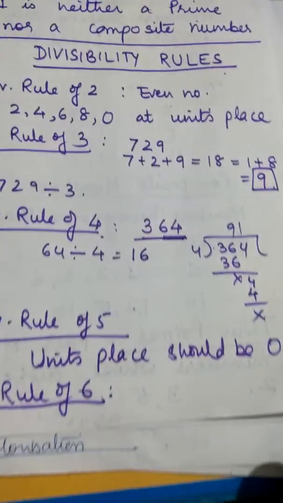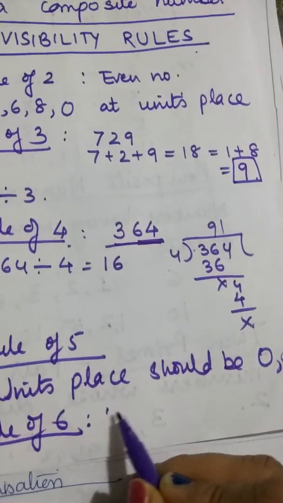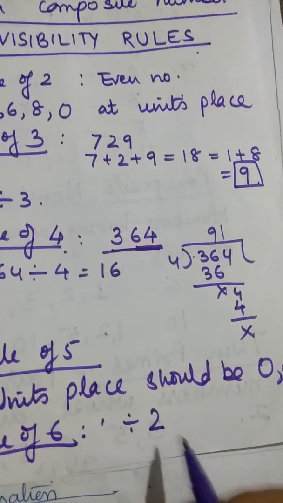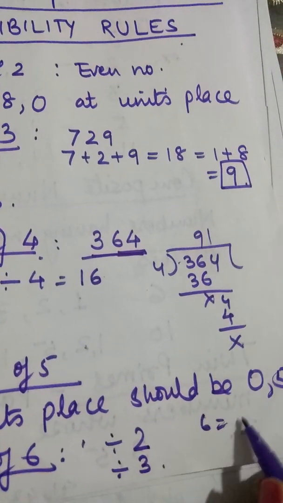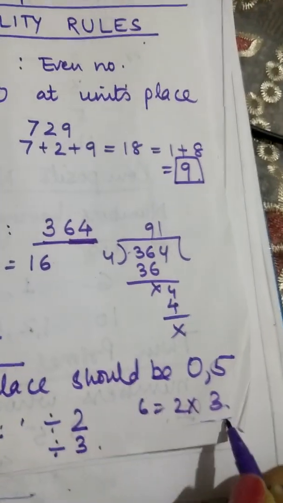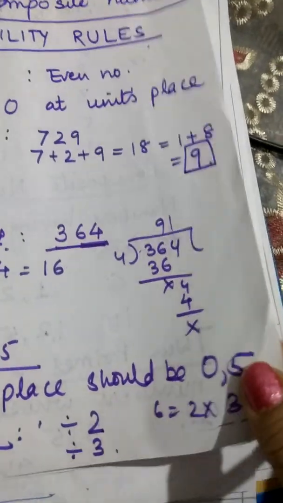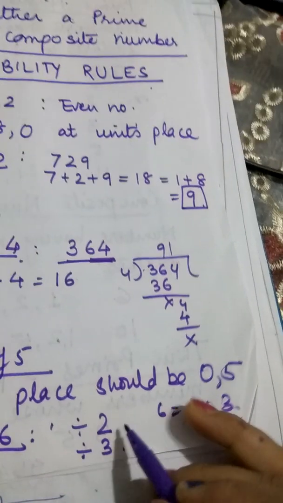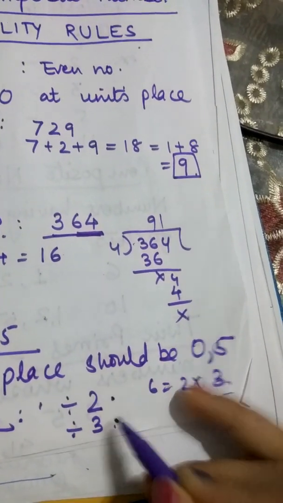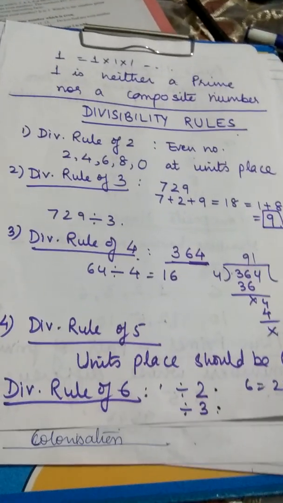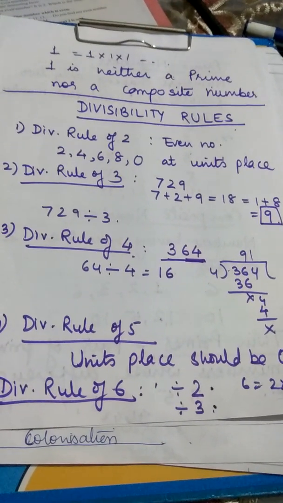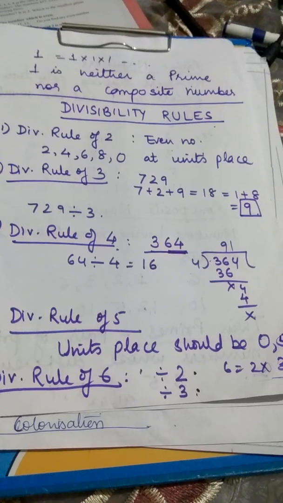The divisibility rule of 6 says that if any number is divisible by 2 and by 3 both, because 6 has factors 2 and 3, so if any number passes the divisibility test of 2 as well as of 3, then it will be divisible by 6. I'll continue the other rules in my next video. Thank you.